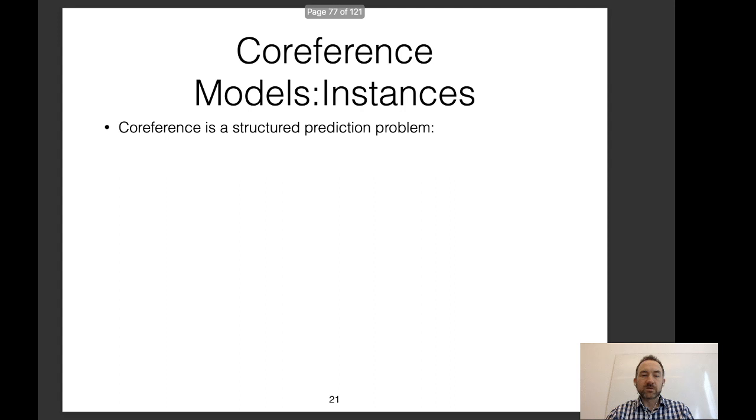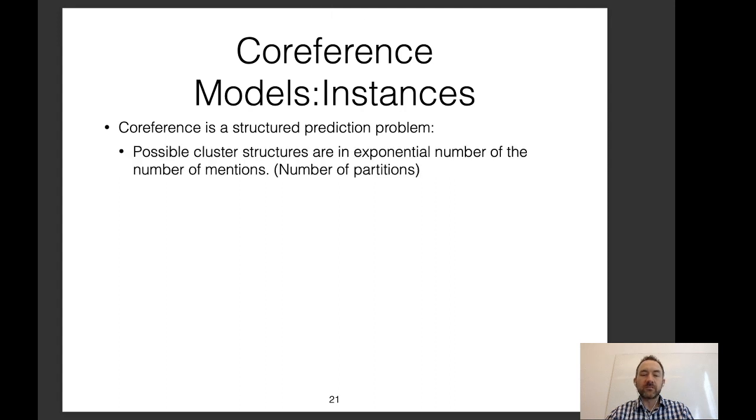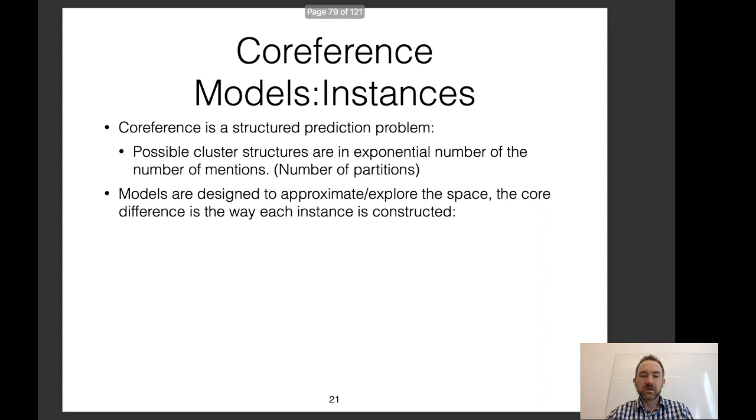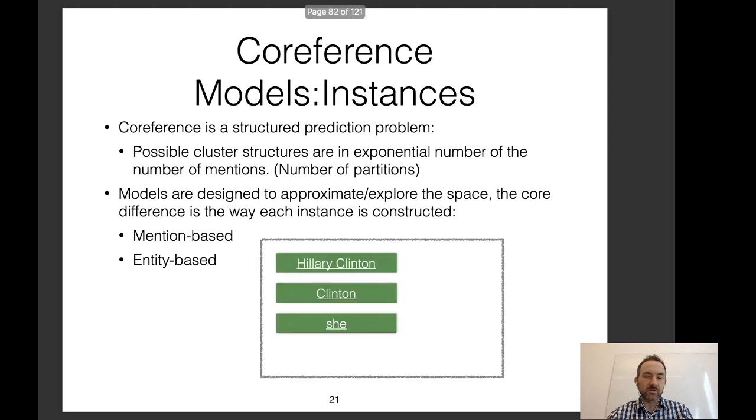So in coreference models, as I said, the number of possible cluster structures is exponential in the number of mentions. And models are designed to approximate or explore the space of these partitions. There are a number of different ways of constructing these models. They can either be entirely mention-based, so they can say that these two mentions belong to the same cluster, or they can be entity-based, which says, okay, we want to find the entities, and now we want to decide whether the mentions belong to each of the clusters.